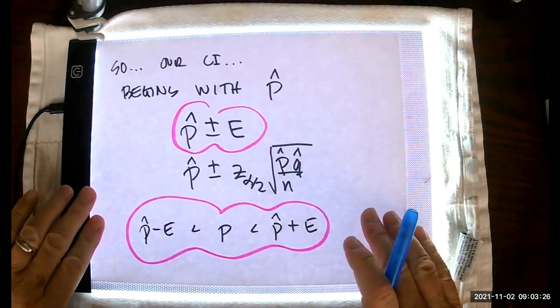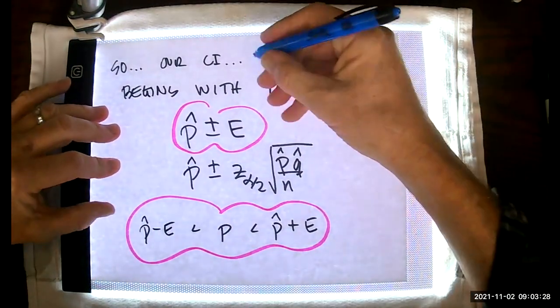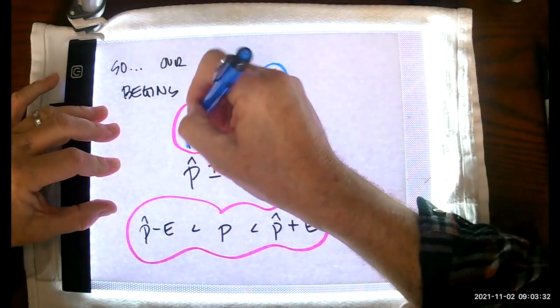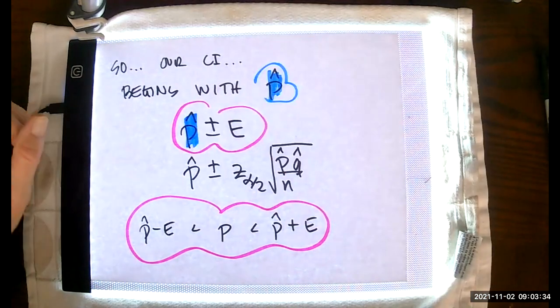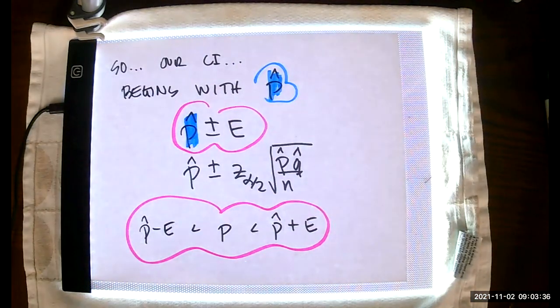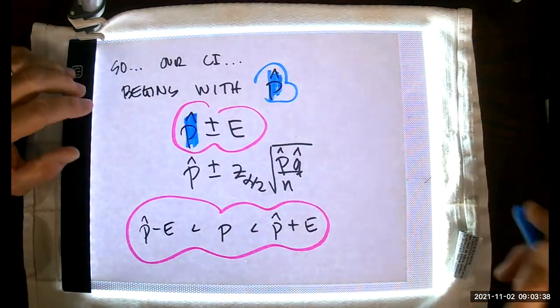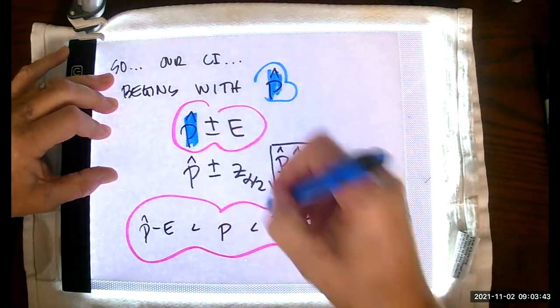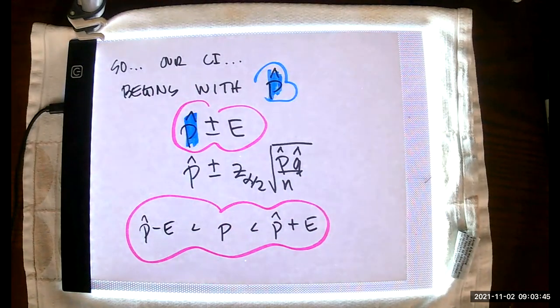The formula for constructing the confidence interval begins with p hat. And what we do is we add and we subtract that margin of error to the p hat. So it's p hat plus or minus e, which looks like, in terms of a formula, p hat plus or minus z alpha over 2 times the square root of p hat q hat divided by n.